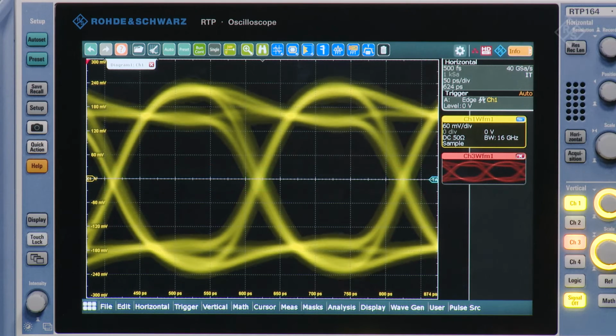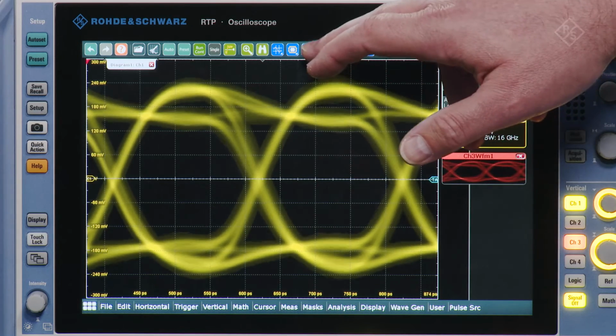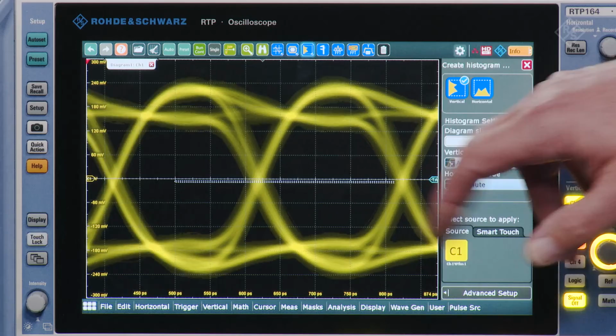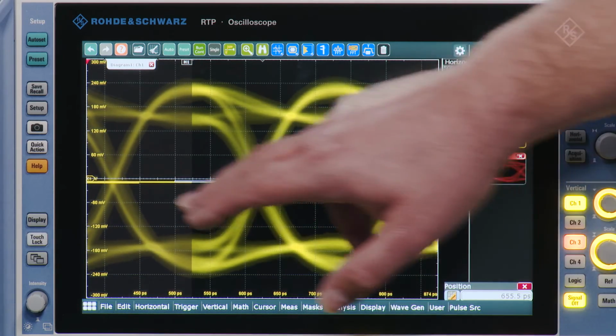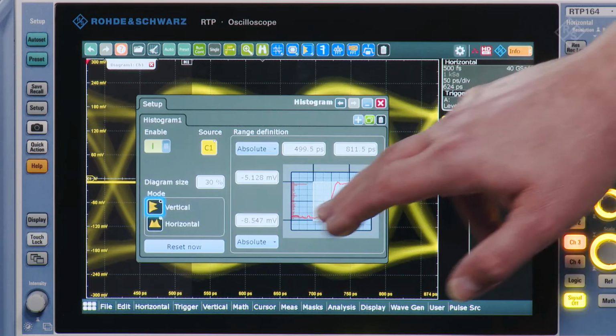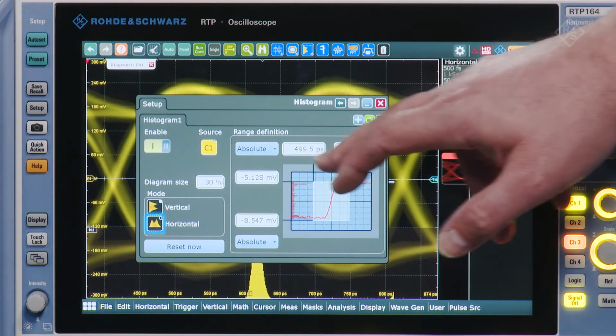In order to evaluate the eye as Guido described, I can now enable the vertical histogram. Changing the histogram parameters, I can set it to horizontal now, because I'm interested in the jitter.